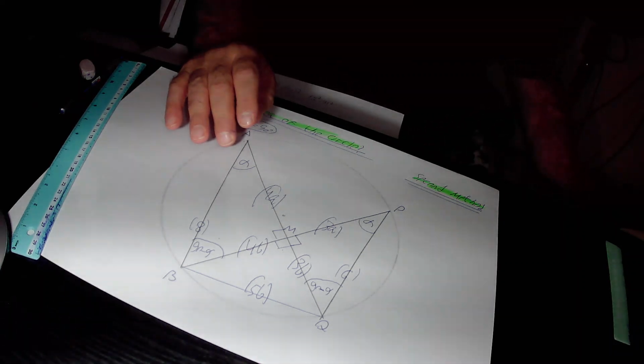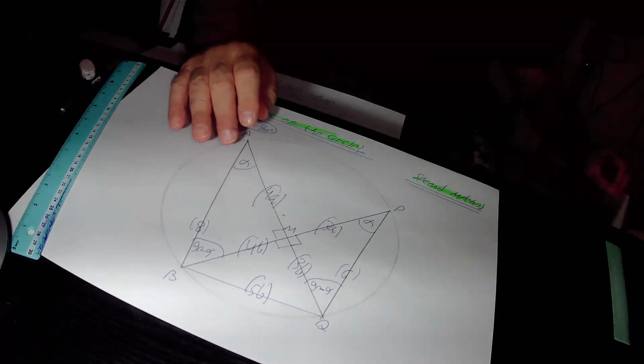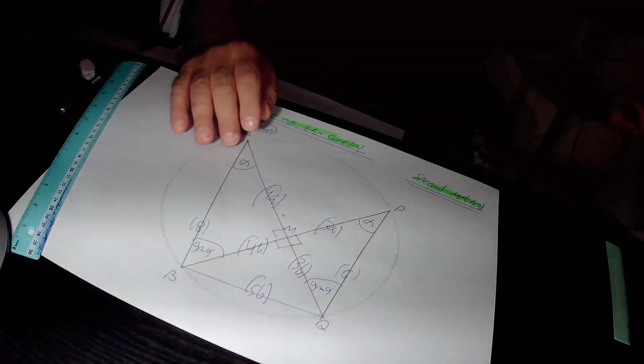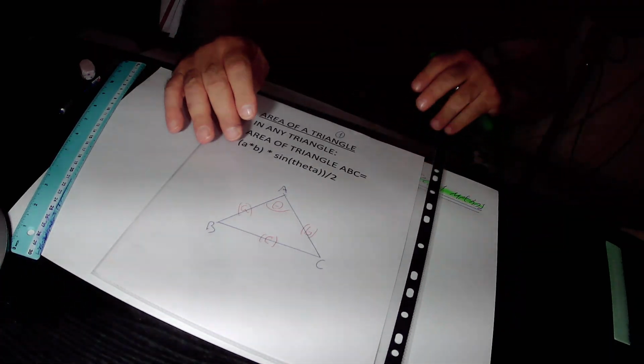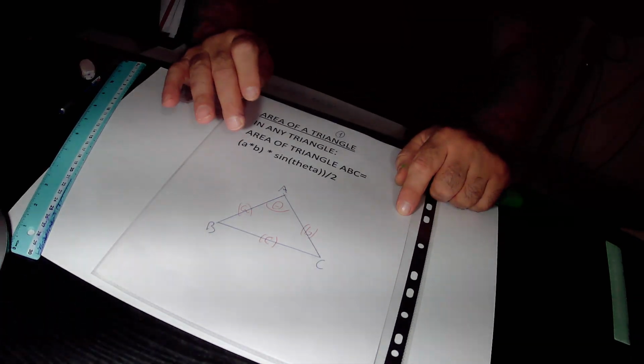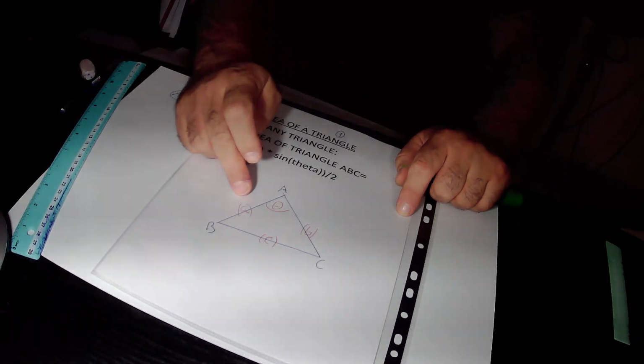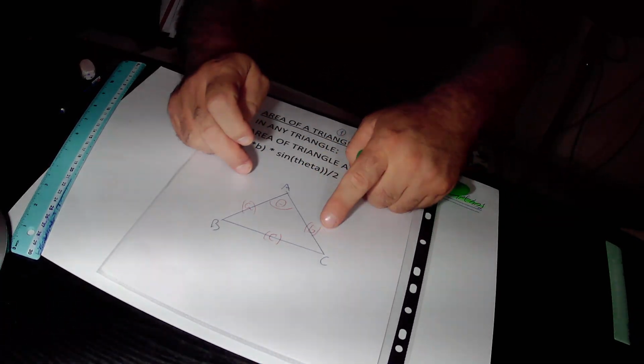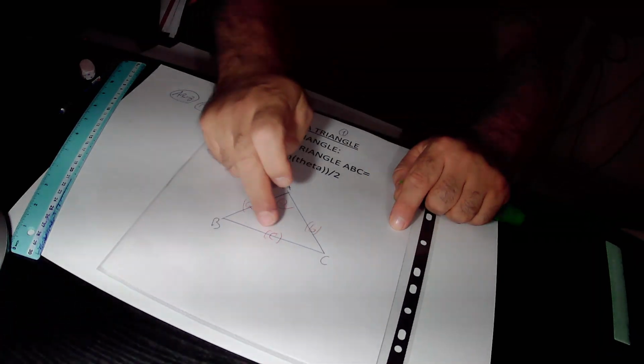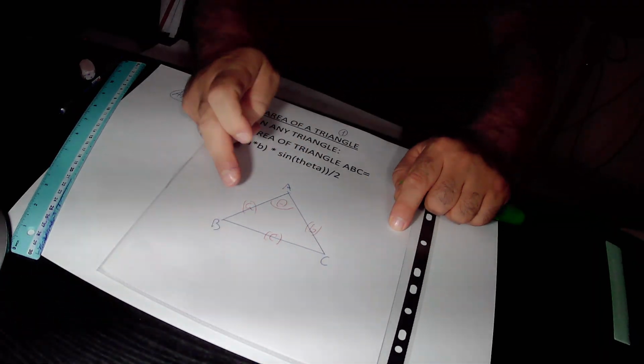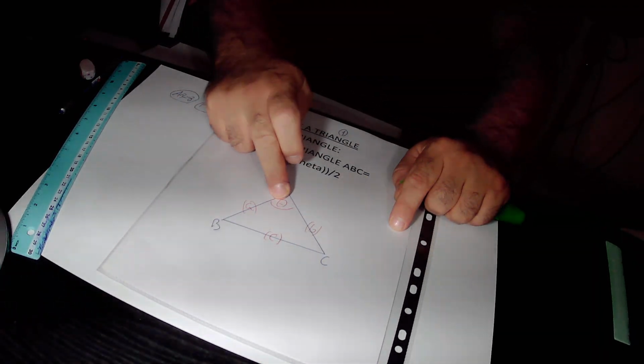according to the formula for the area of this triangle, triangle ABC, that could be any triangle. We know that side AB equals A units in length, side AC equals B units in length, and side BC equals C units in length. Angle BAC equals theta.